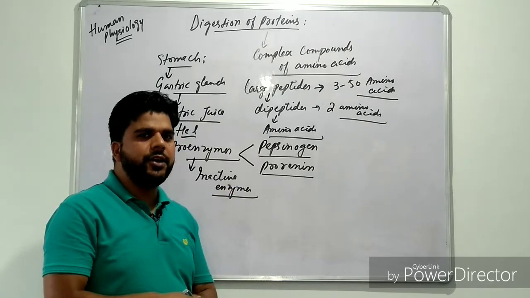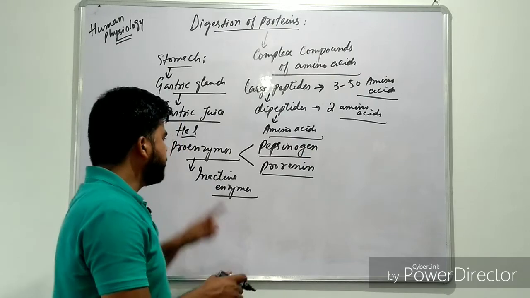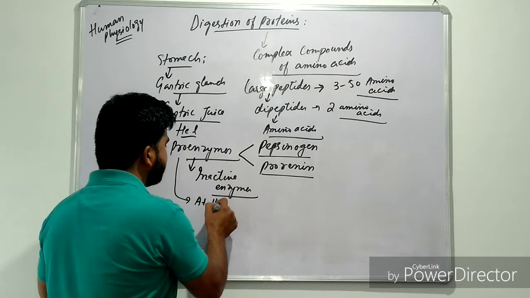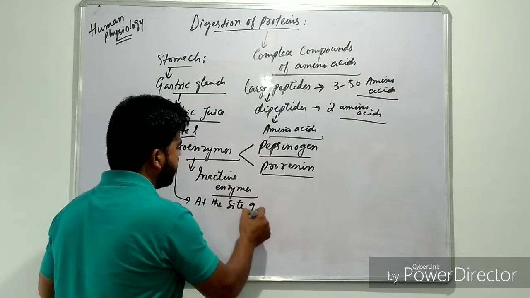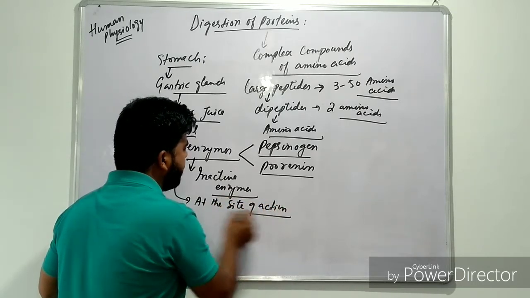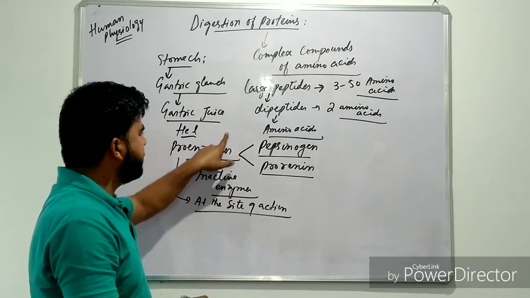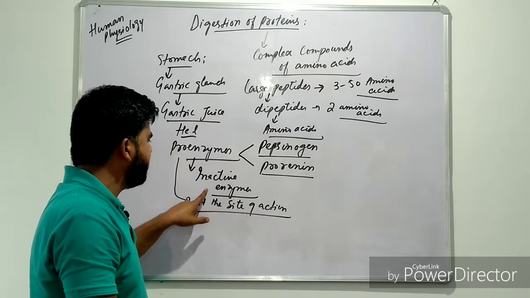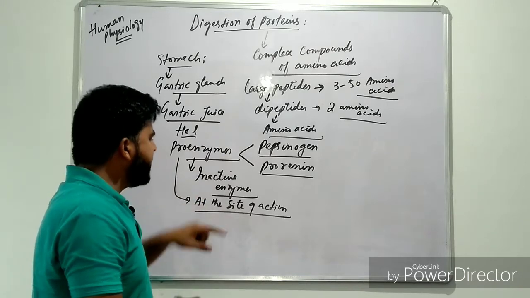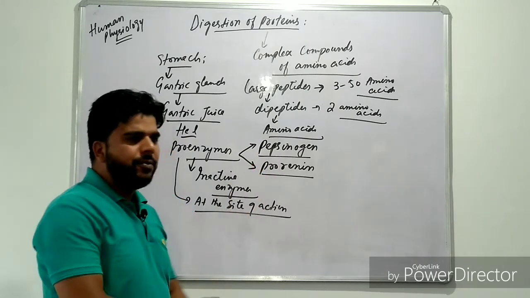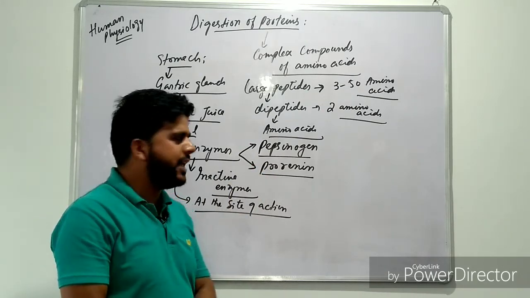They are going to destroy the cellular contents of our body. So these are only activated at the site of action. When the digestion of the proteins is going to take place in the stomach, at that particular moment, these enzymes will get activated. And how these get activated, we shall see that.